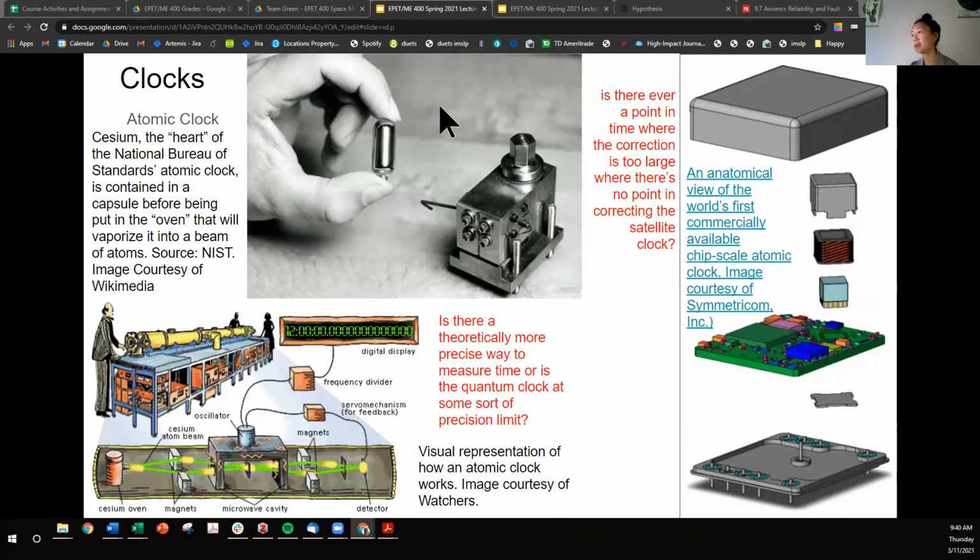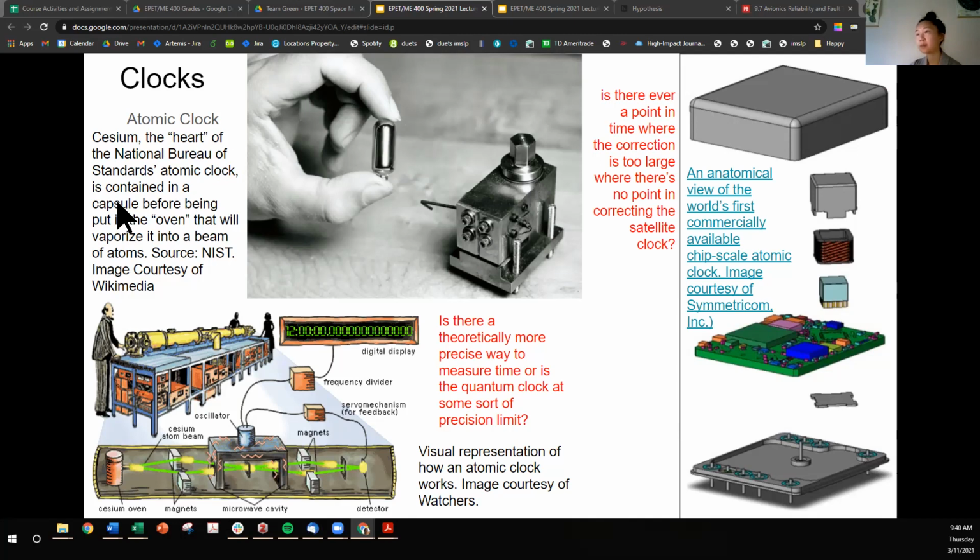So here you'll see a cesium core, and I think this is the outside that encapsulates the cesium core. It's a picture in black and white, so you can infer that's old. But here is an atomic clock.